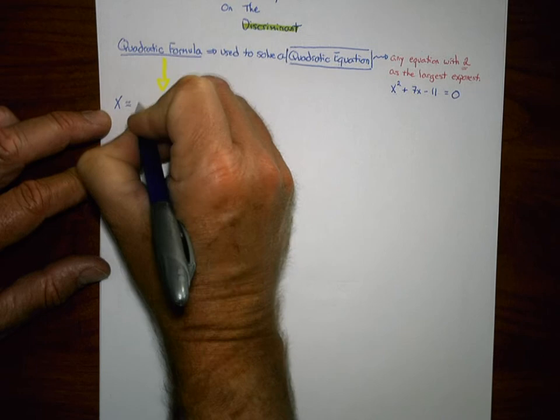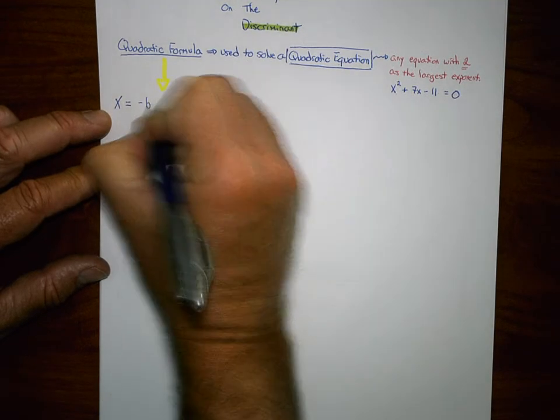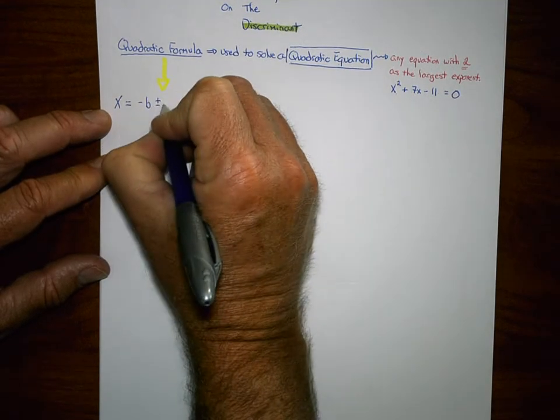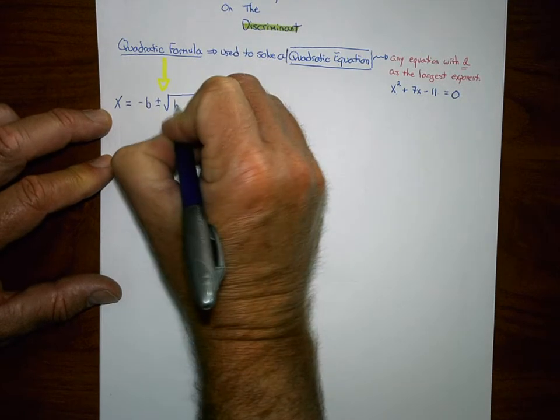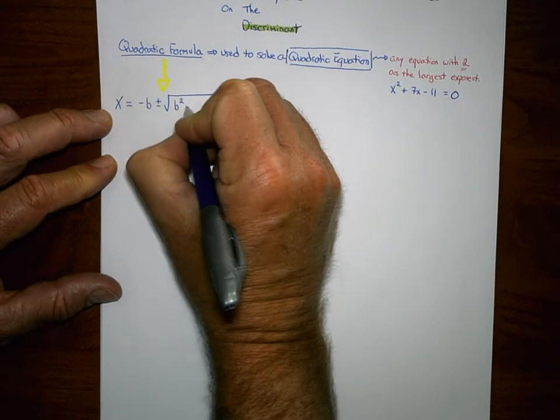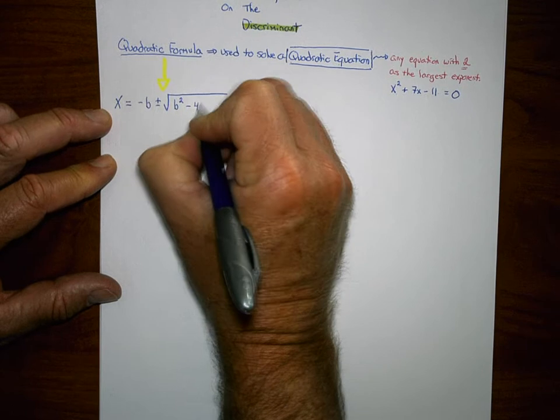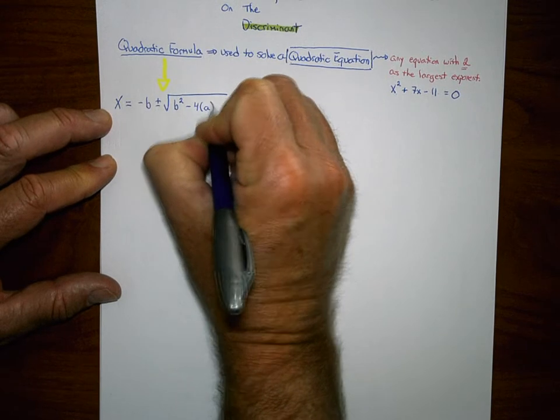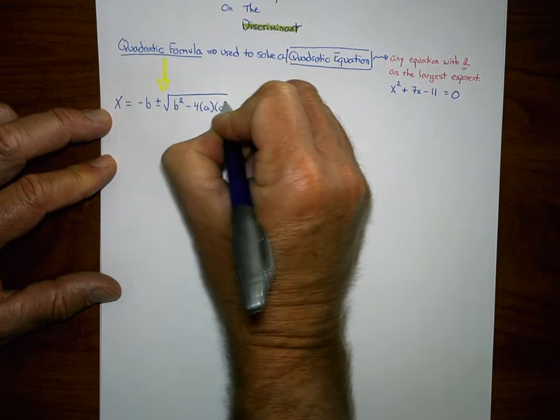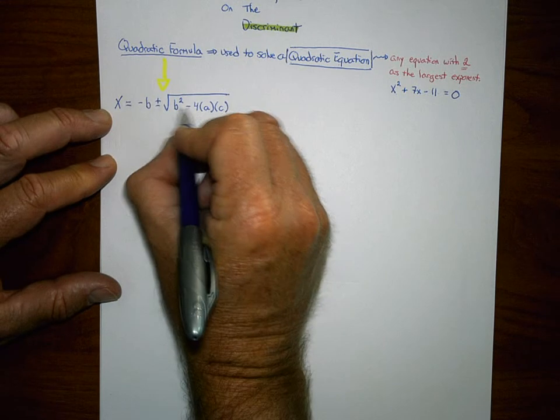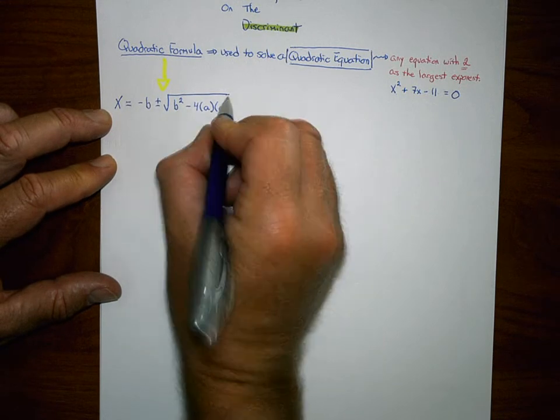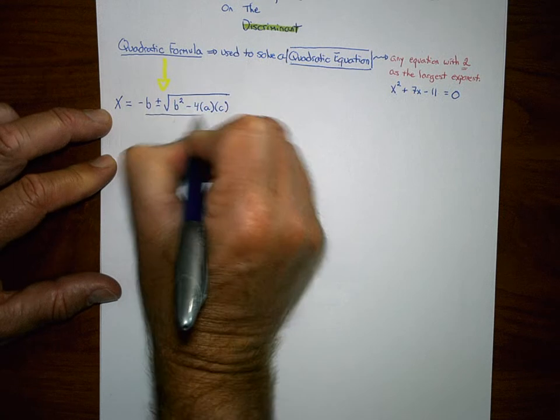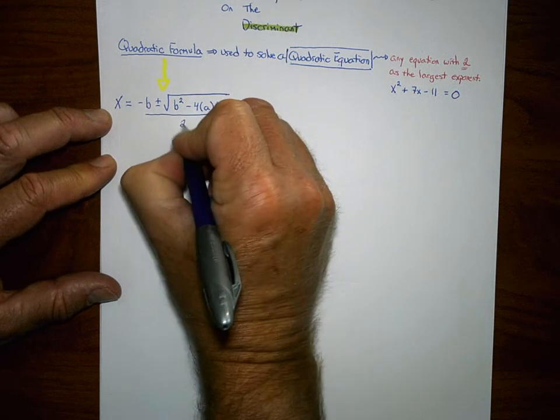So the quadratic formula is this formula here. It's x equals negative b plus or minus the square root of b squared minus 4 times a times c, and that whole thing, b squared minus 4 times a times c, is all in the square root symbol, all divided by 2a.